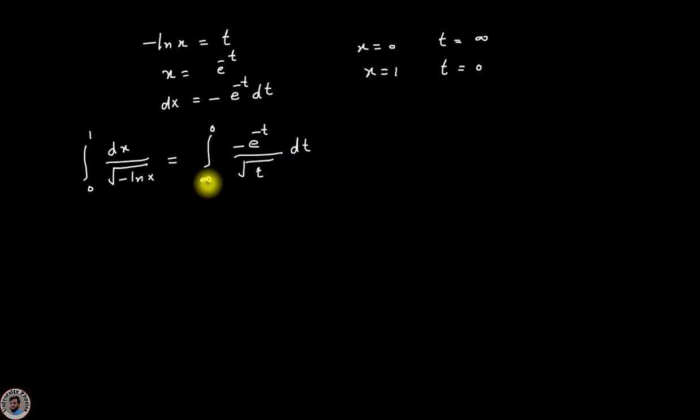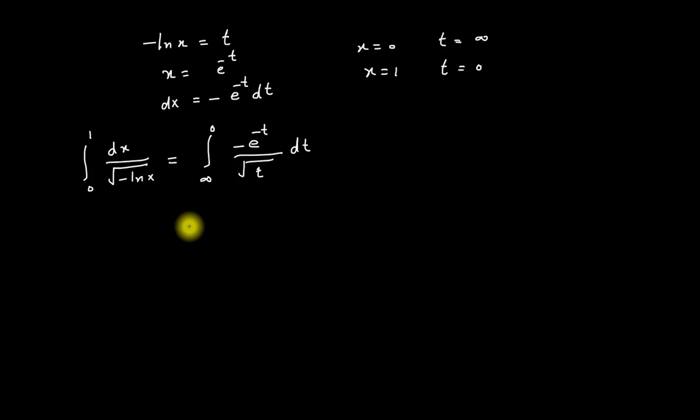Now here the limits are from infinity to 0. I have to write these limits from 0 to infinity. When I write these limits from 0 to infinity, this minus will become equal to plus.